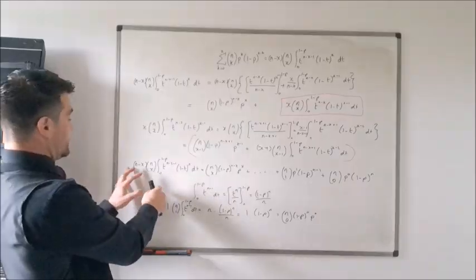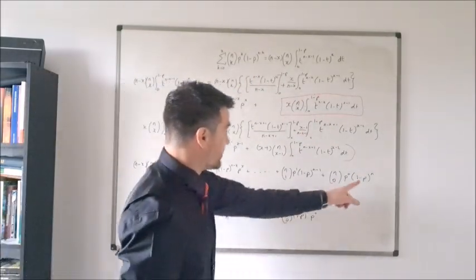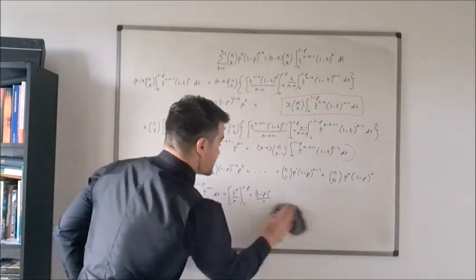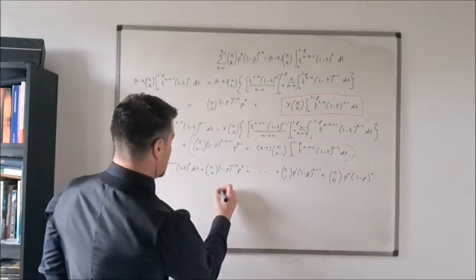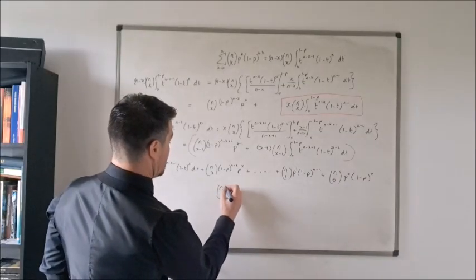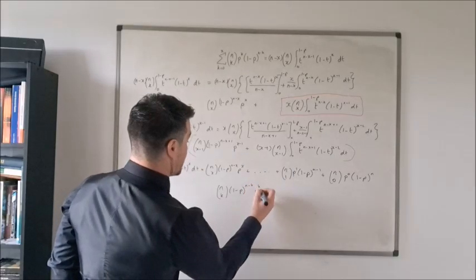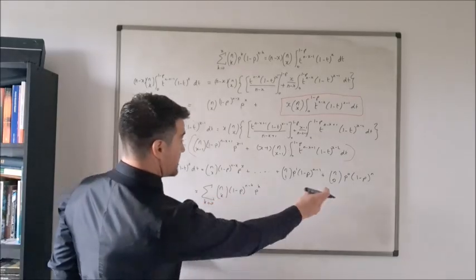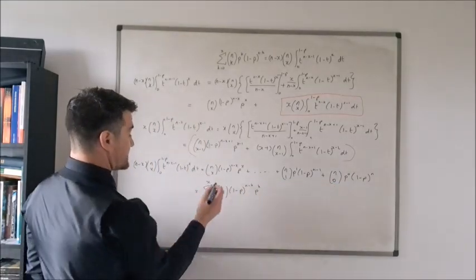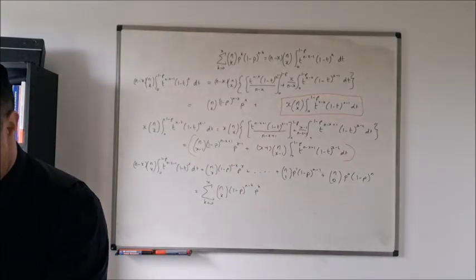I've shown that this expression on the right hand side up here is equal to this sum, which is everything of the form n choose k, 1 minus p to the power of n minus k, p to the power of k. So I can sum from k equals 0 up to k equals x. And that's it. Magic. We're done.